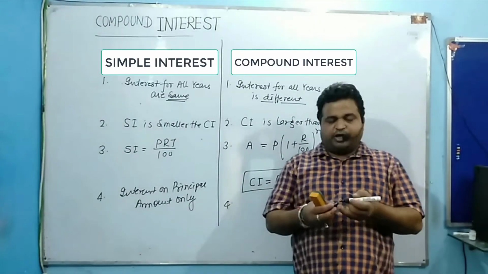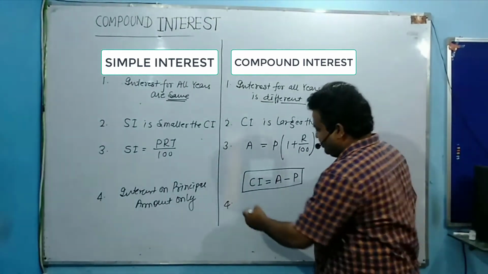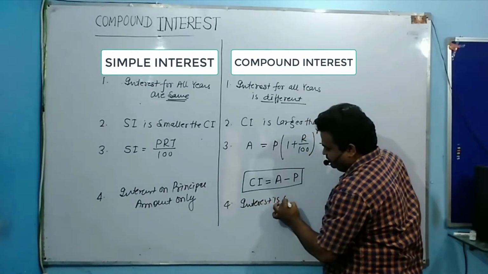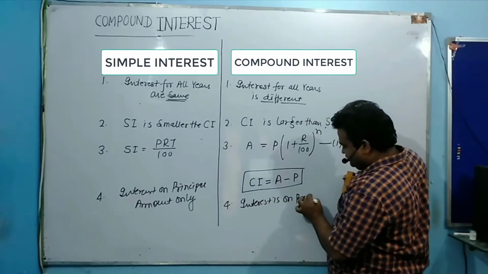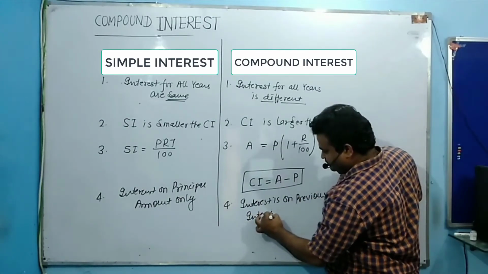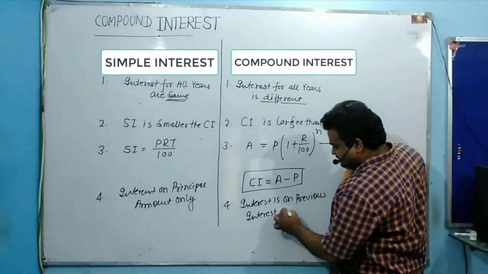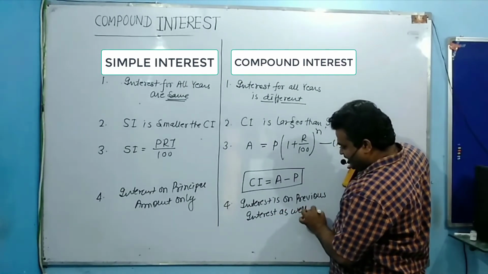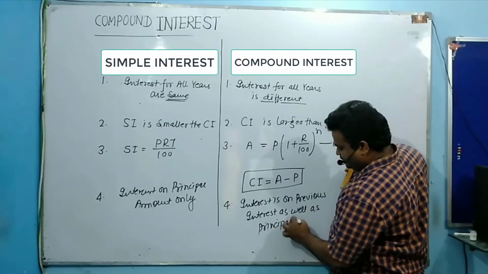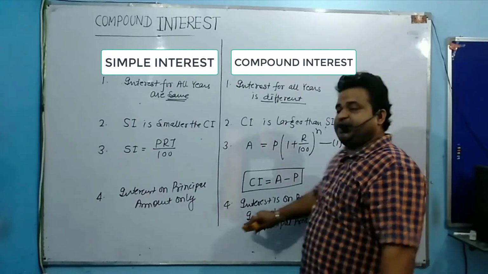So interest is charged on the previous interest as well as the principal amount. This is interest on interest.